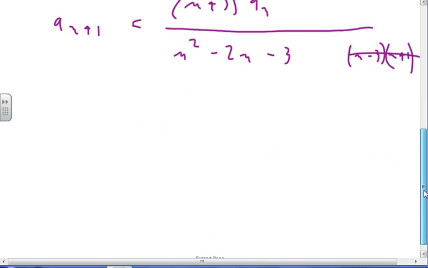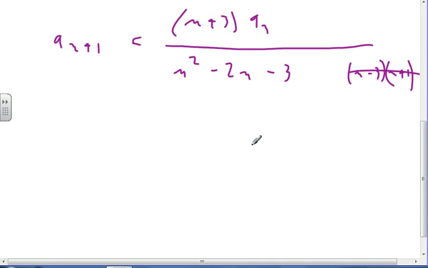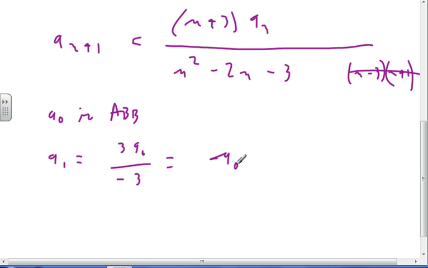Okay, so a0 is arbitrary. a1 is 3 a0 divided by minus 3, which is minus a0.